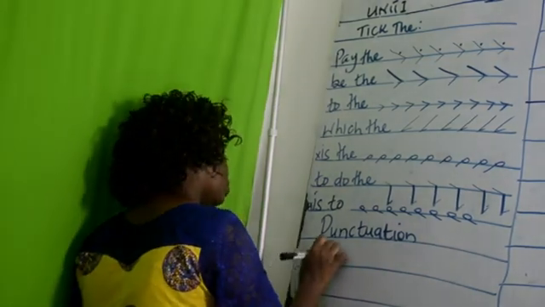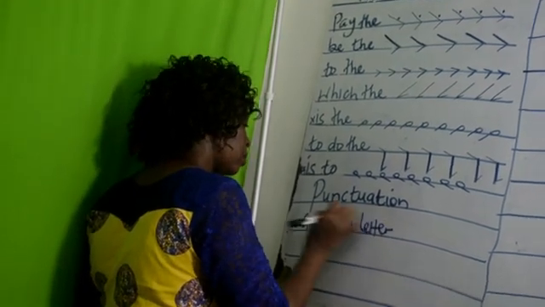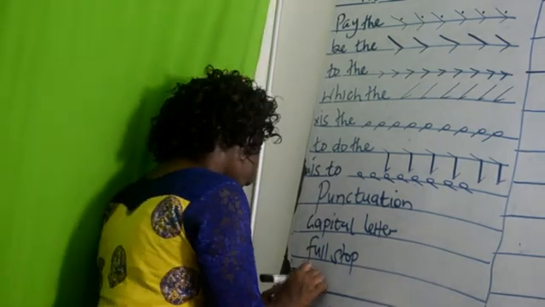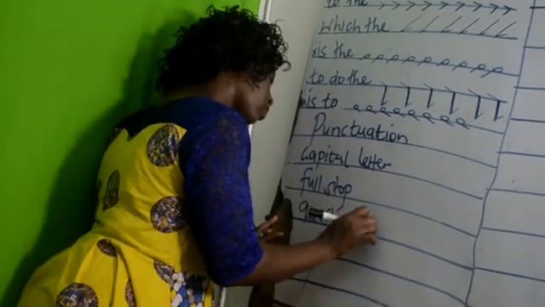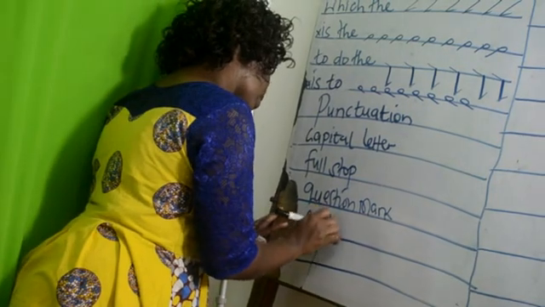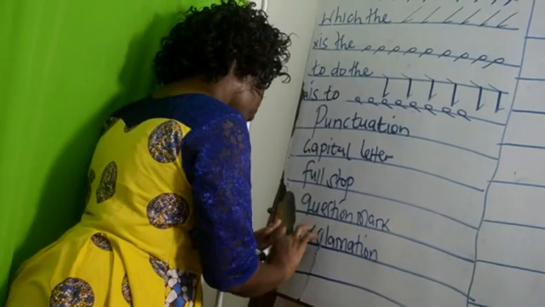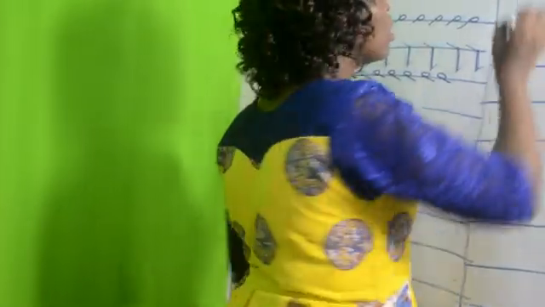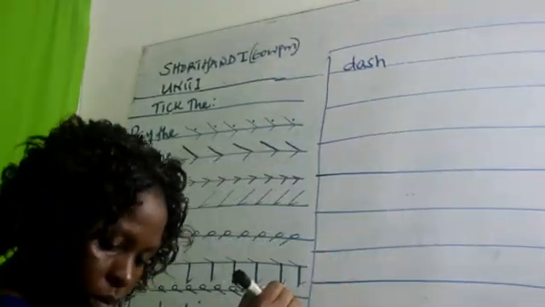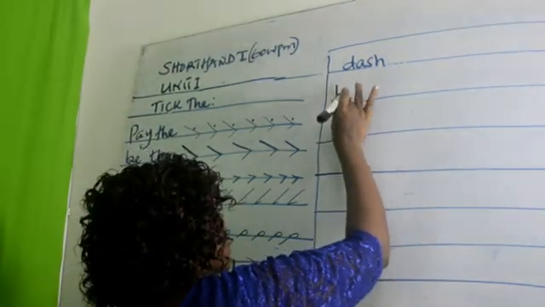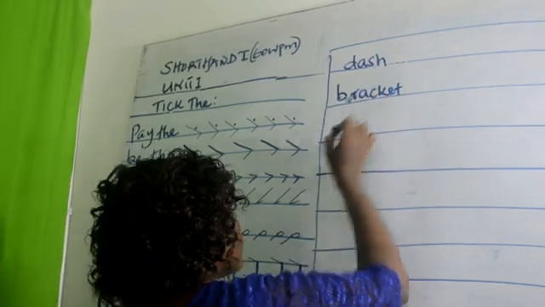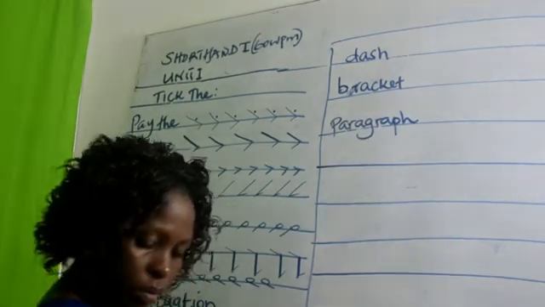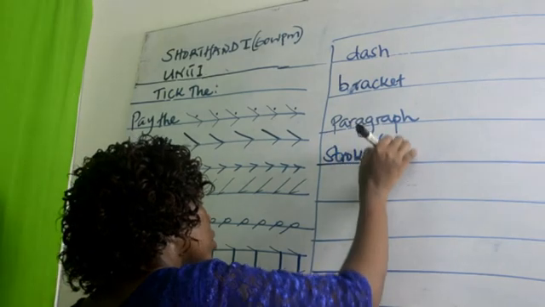We have punctuations like capital letter, full stop, question mark, exclamation mark, hyphen, dash, brackets, punctuation paragraph, the other one is called stroke or oblique.